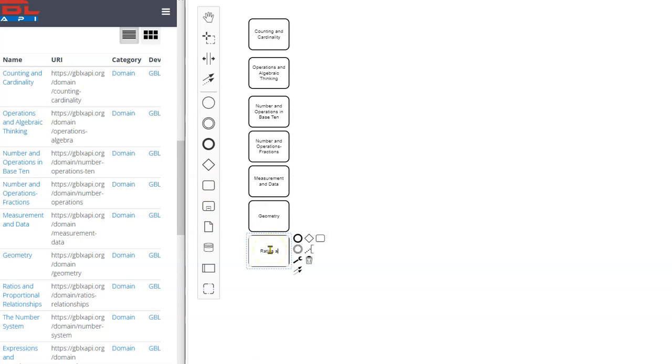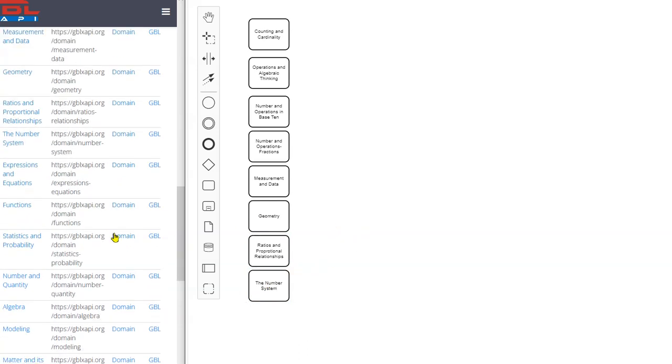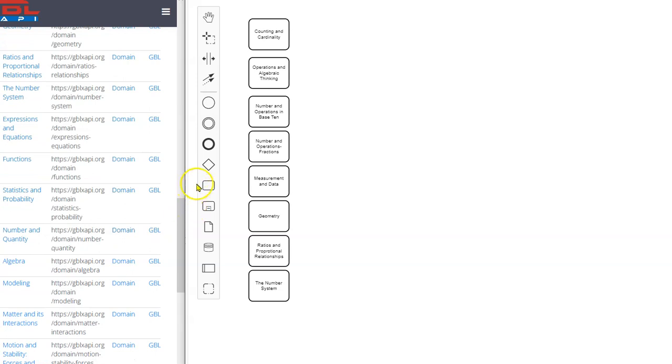Ratios and proportional relationships. The number system. Expressions and equations.